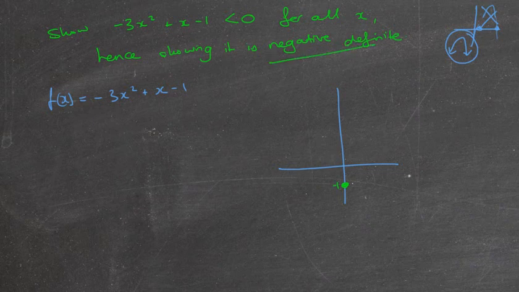Okay, so what I might do, just to be doubly sure, is chuck it into the quadratic formula just to show that it can't have any roots. So I'm going to do minus b, which is negative 1, plus or minus the square root of b squared minus 4 times a times c, all over 2a.